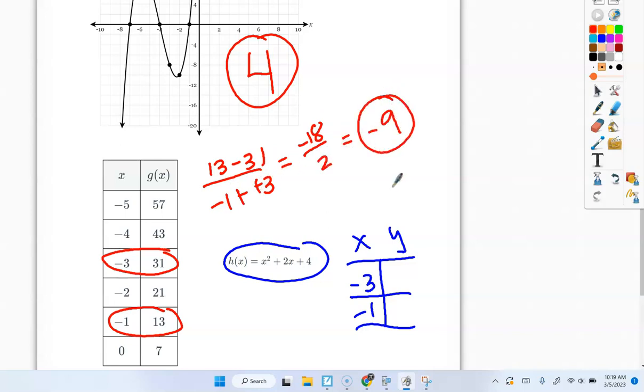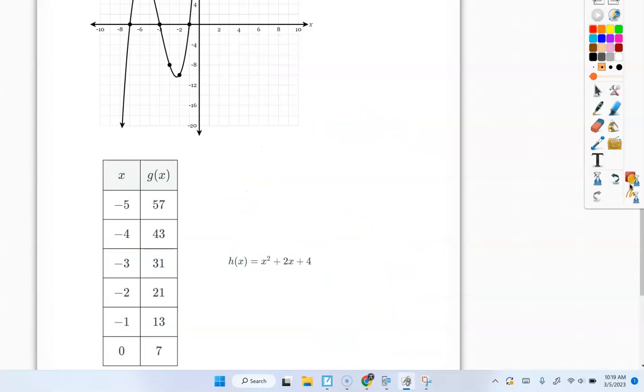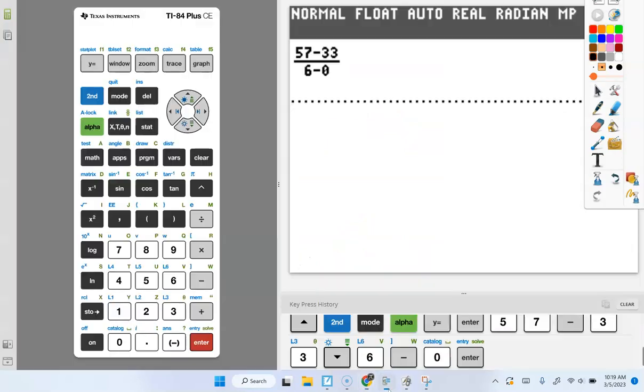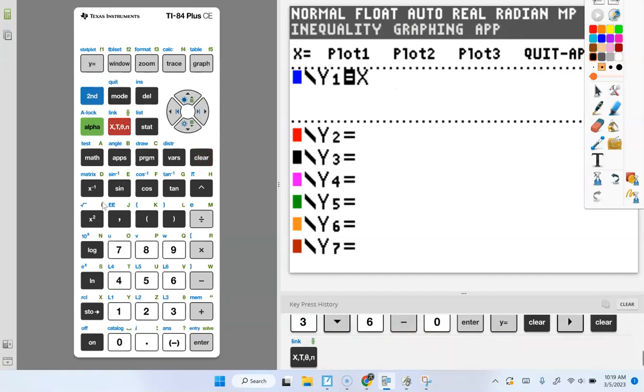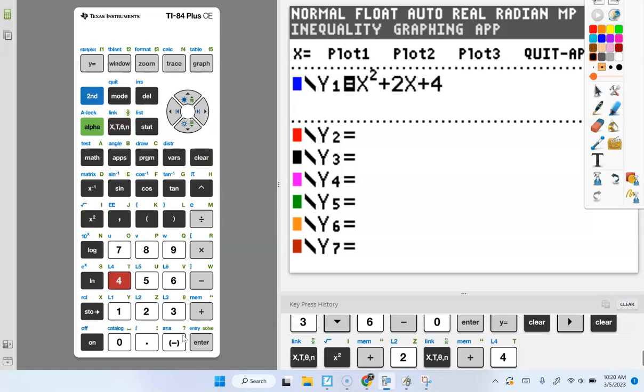So we've got 4 and -9. I'm going to erase my screen so I can go grab this data point from the function x squared plus 2x plus 4. So I need to clear out my function and enter x squared plus 2x plus 4.